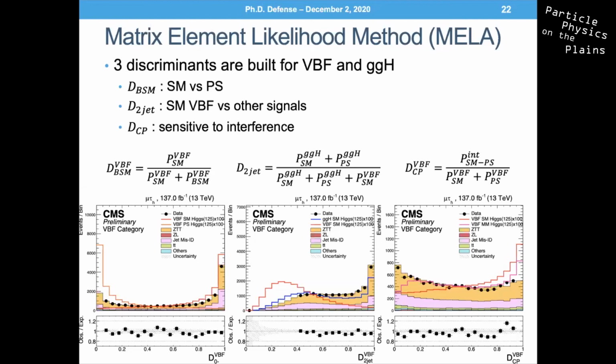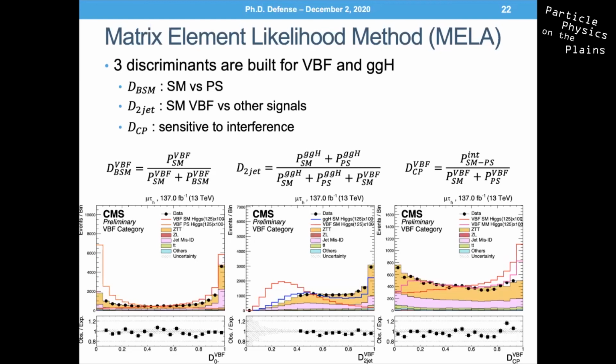Since, as I mentioned, we allow the HGG and HVV vertices to float in the fit, it's useful for us to have a discriminant that actually separates the signal for HVV and the signal for HGG. So that's what this D2 jet discriminant's doing. You can see in the middle, VBF production's peaking around 0.3, while GGH production's peaking near 1. So this gives us good separation between these two signals.